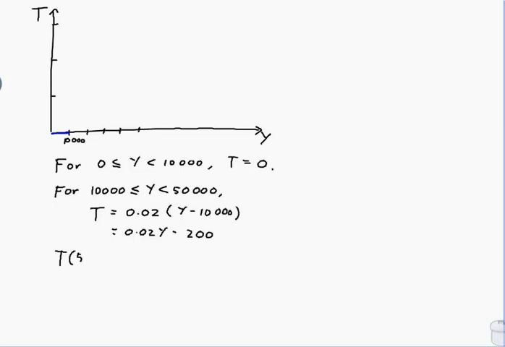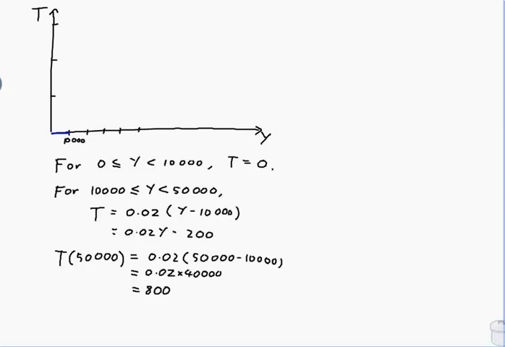It should be 0.02 times (50,000 minus 10,000), which is 0.02 times 40,000, which is 800. So it goes from (10,000, 0) to (50,000, 800).